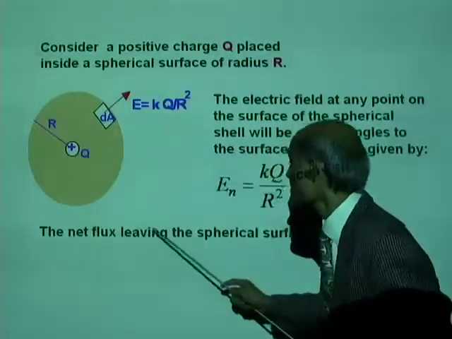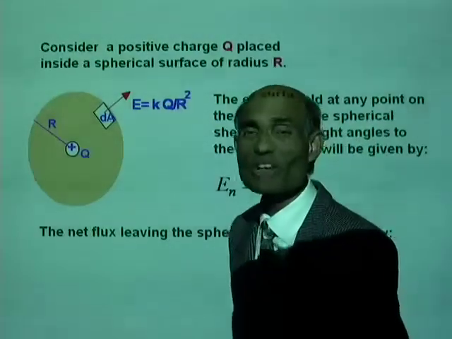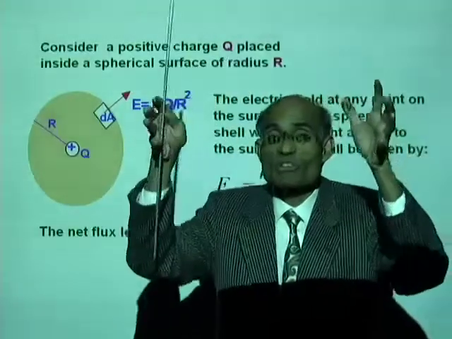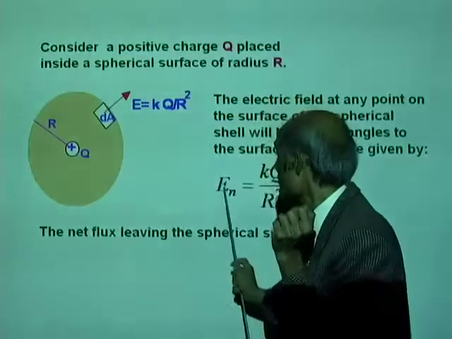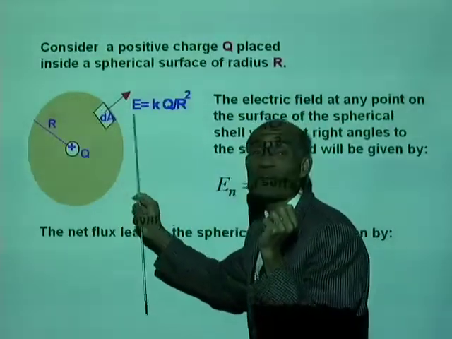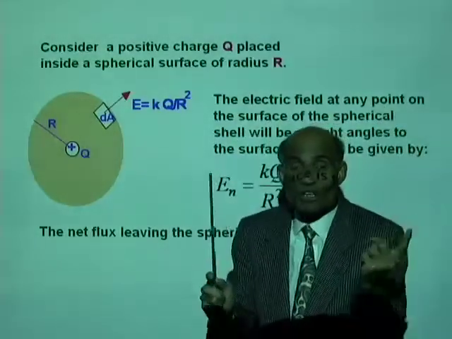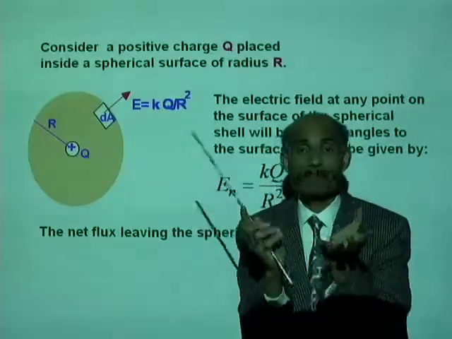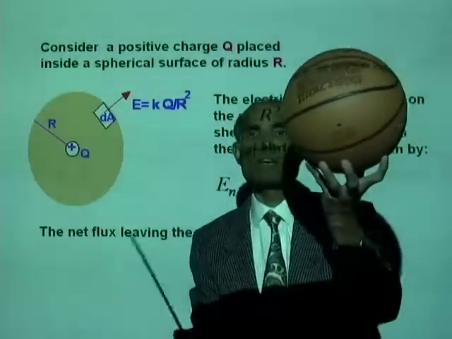The net flux leaving the spherical surface. What is the net flux leaving the spherical surface? The total flux leaving the spherical surface will be the electric field, which is the flux per unit area, multiplied with the total area of the sphere. What is the surface area of this sphere?